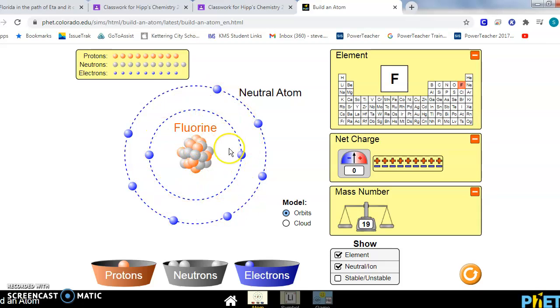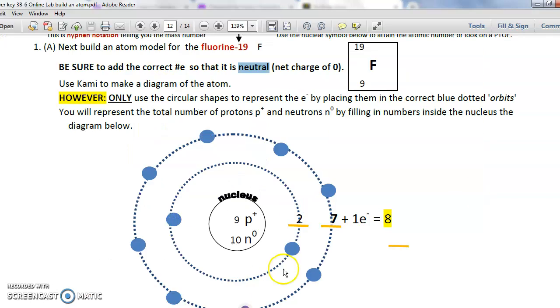The duet rule applies to the first level. Octet applies to every other level after that. So I am 1 electron short of filling up that level. If I got that 1 electron, fluorine would become like neon, which is chemically stable. So we would think that fluorine would want to be 1 minus charge.